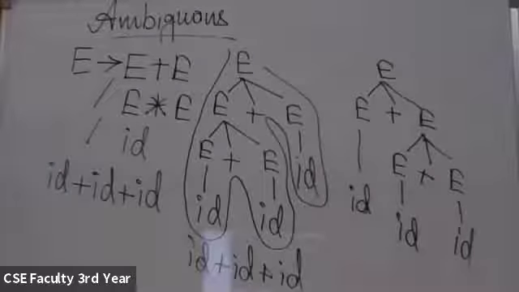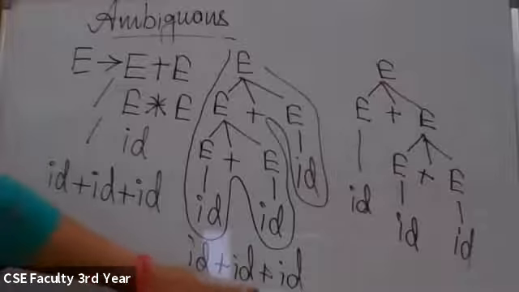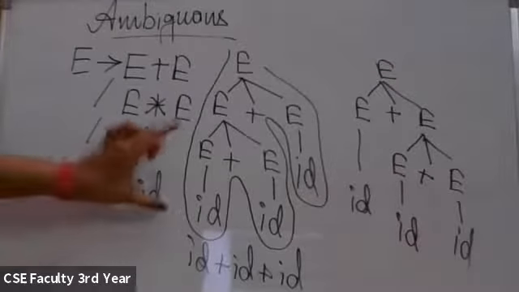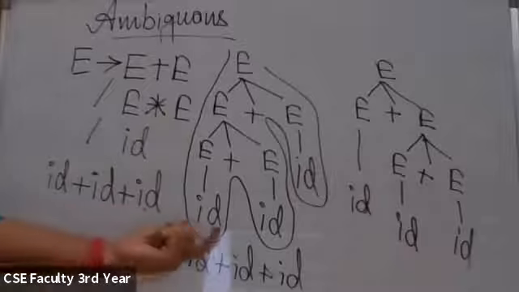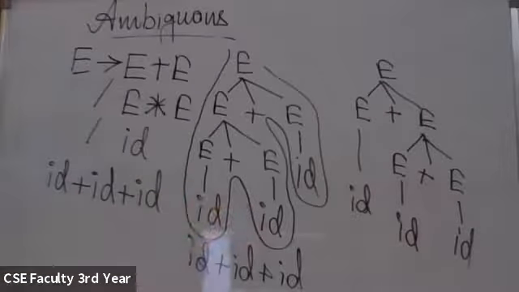If I consider this operand, then on either side of it, we have the same operator. In this parse tree, this plus is done first and then this plus.